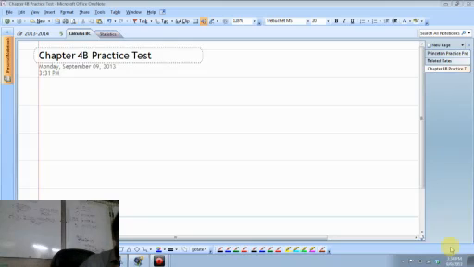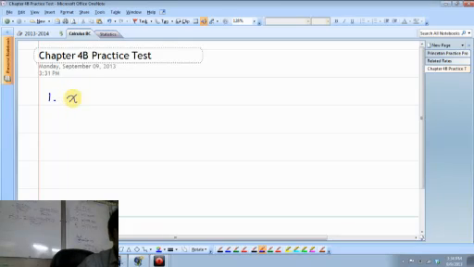Okay, so we're supposed to find relative extrema on an interval. So question 1, we're looking at the interval from 0 to 2 pi, and we have y equals x plus cosine x.